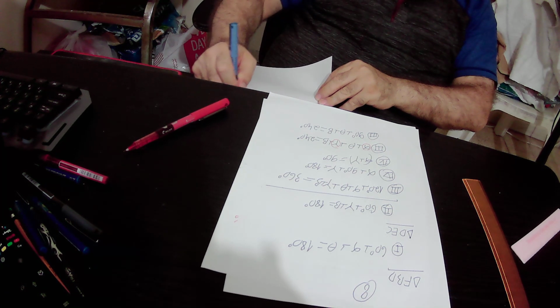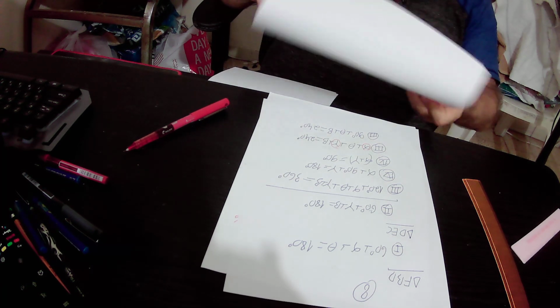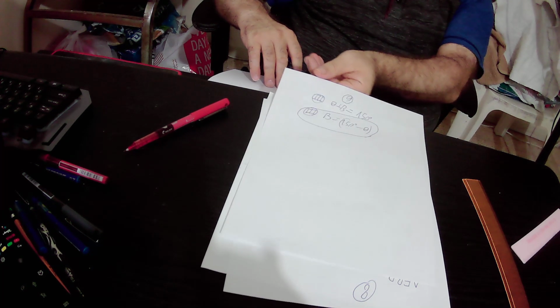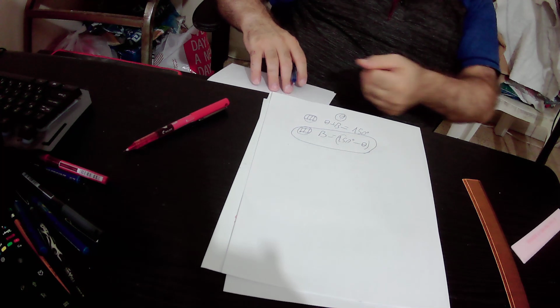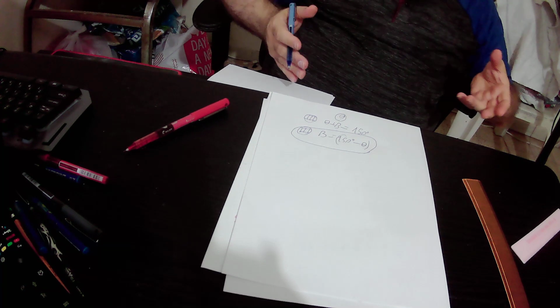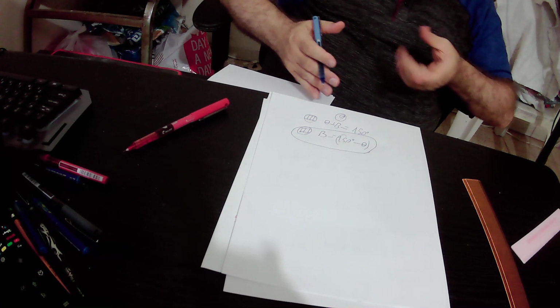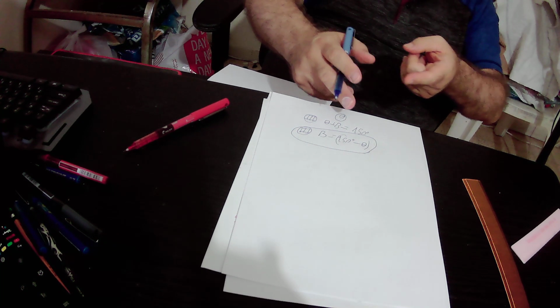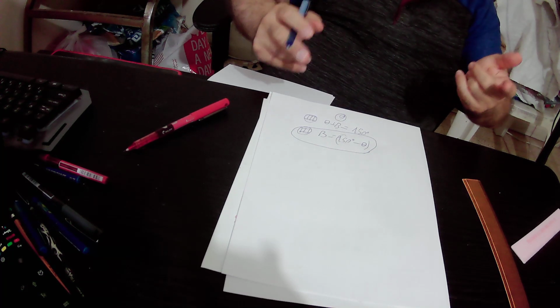Okay, so according to equation number 3, beta equals 150 degrees minus theta. But if beta equals 150 degrees minus theta, then sinus beta will be equal to sinus of 150 degrees minus theta. Very simple.